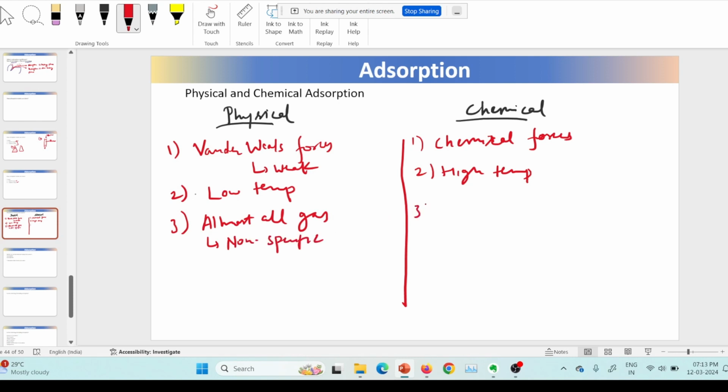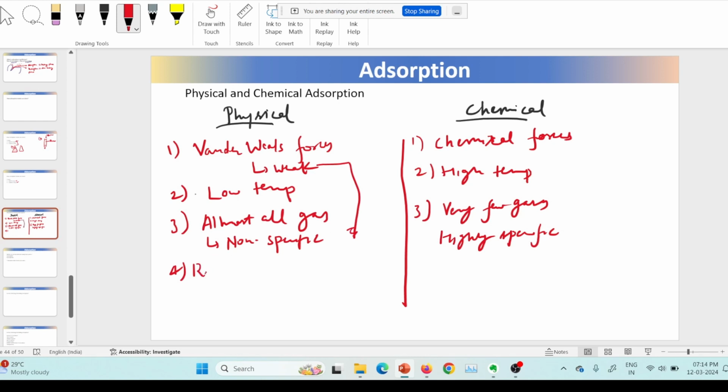But in chemical adsorption, very few cases show this type of adsorption, so it is very specific in nature. Very few gases, so it is highly specific. Physical adsorption is reversible in nature because these bonds are weak.